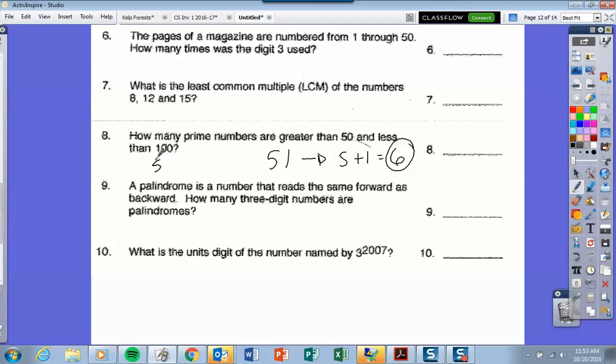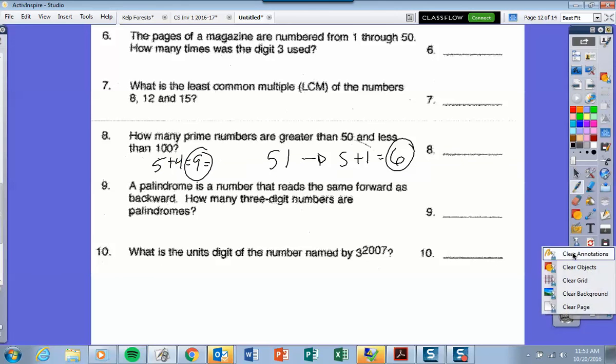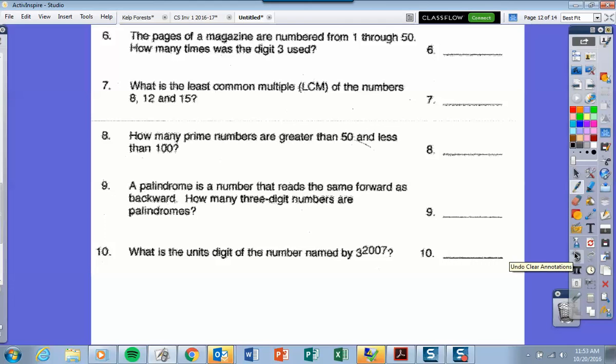Same if I had 5 plus 4 is 9. This is now divisible by 3. So 54 would be divisible by 3. I'm going to use those rules to help me out, so I can cross out all of those.